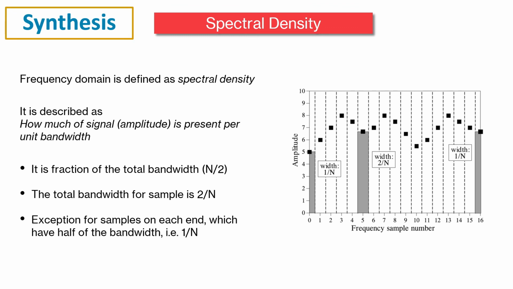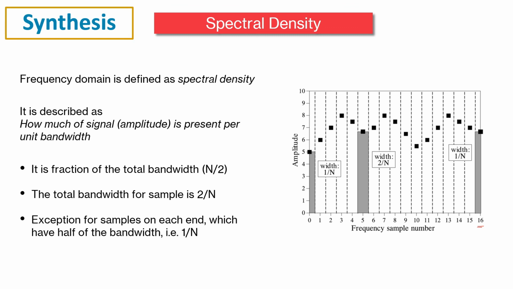This is described as a fraction of the total bandwidth. The total bandwidth here is n over 2 in the frequency domain, and n is the number of samples in the time domain.